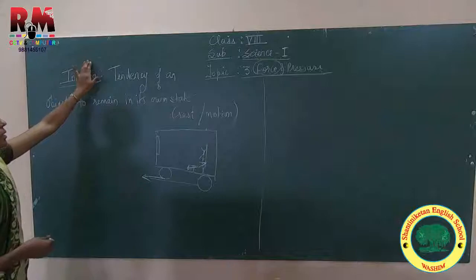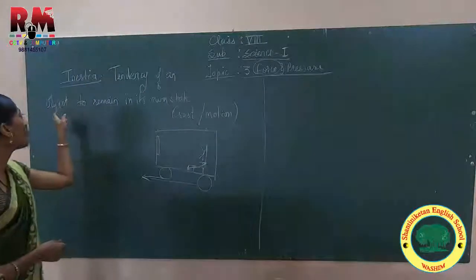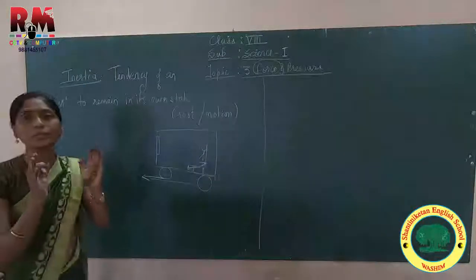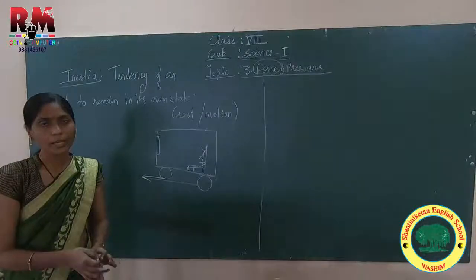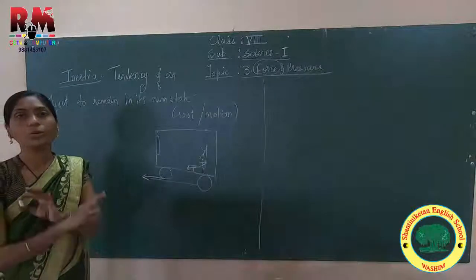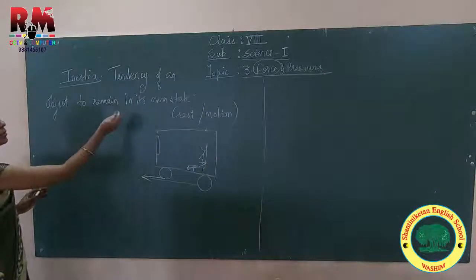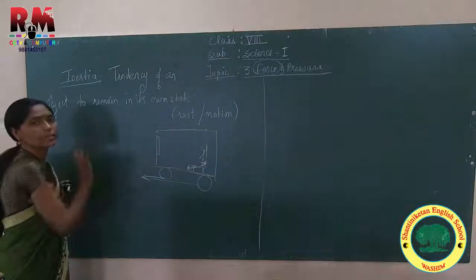So inertia is nothing but the tendency of an object to remain in its own state. It does not want to come out of its state, either state of rest or state of motion.